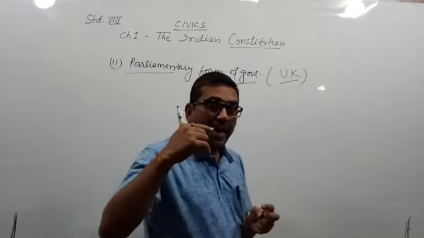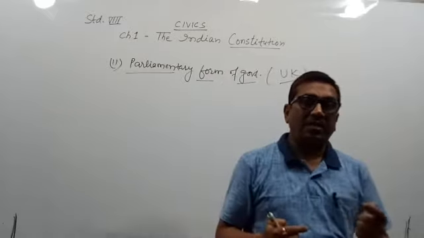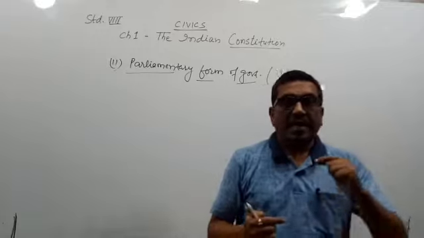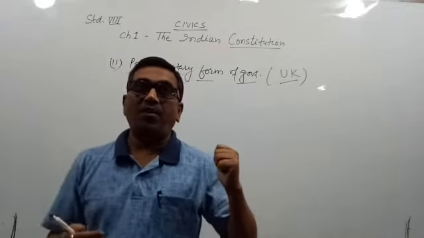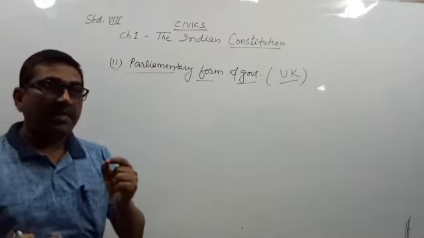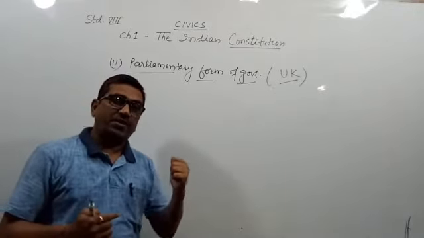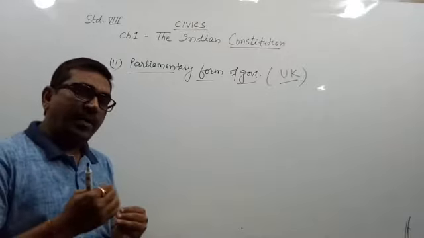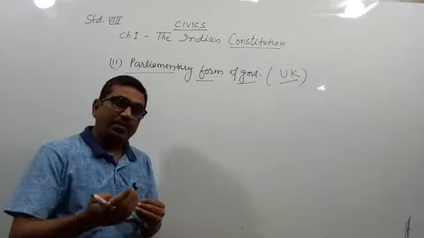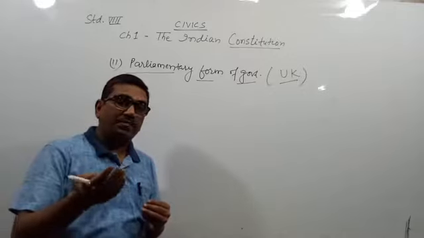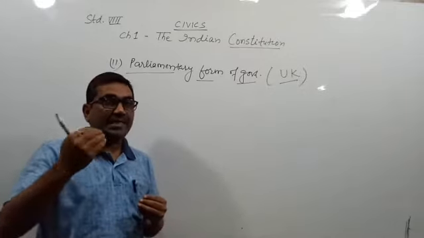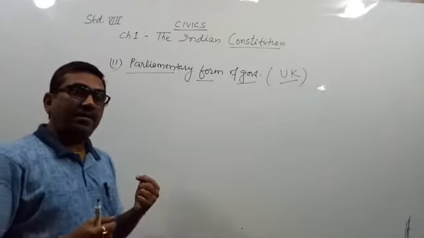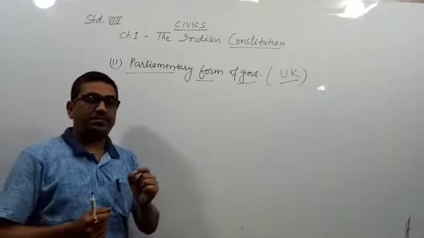One is the head of the state, another one is the head of the government. The head of the state may be either a king or queen or the president. If we compare India and the United Kingdom, we find that in the United Kingdom the head of the state is right now the queen. But in India, the head of the state is the president.